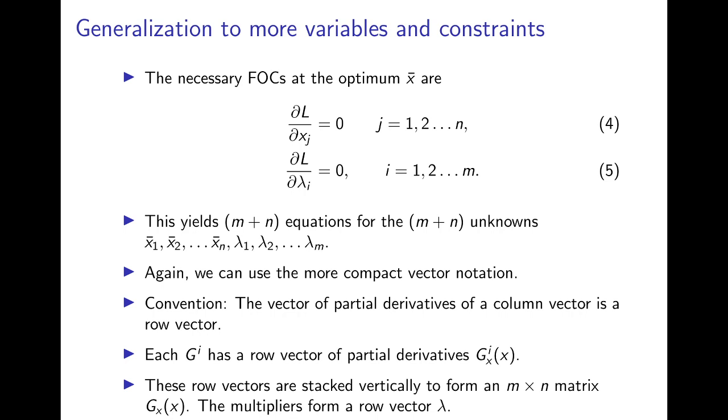And the multipliers themselves form a row vector lambda.